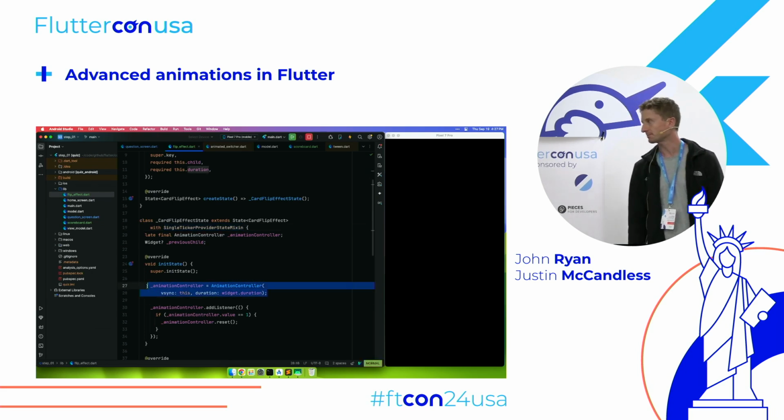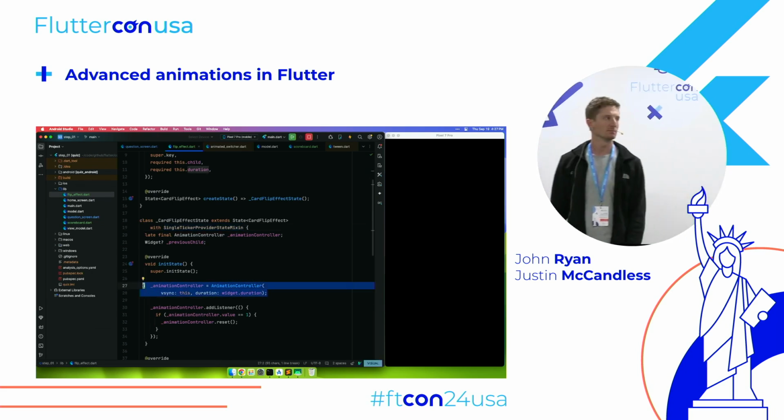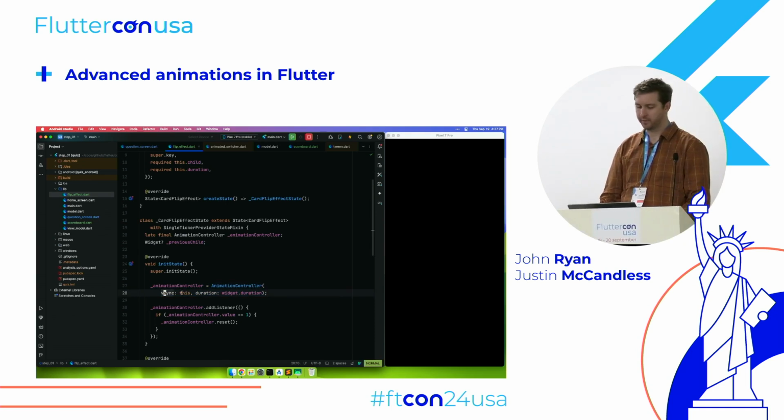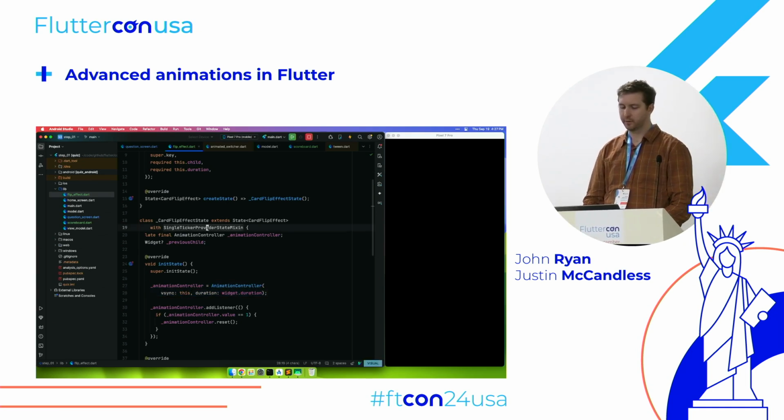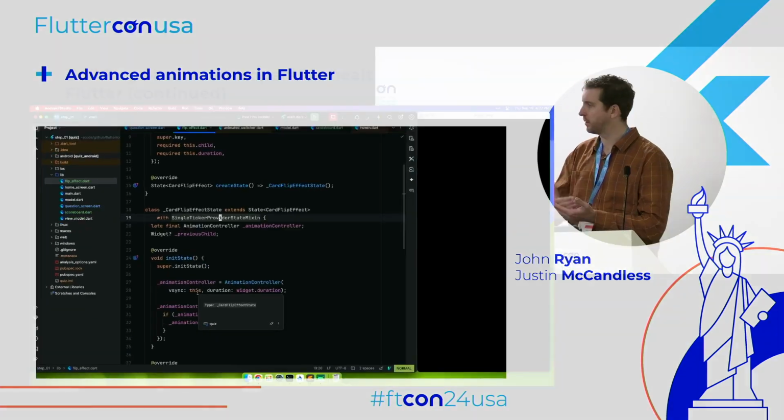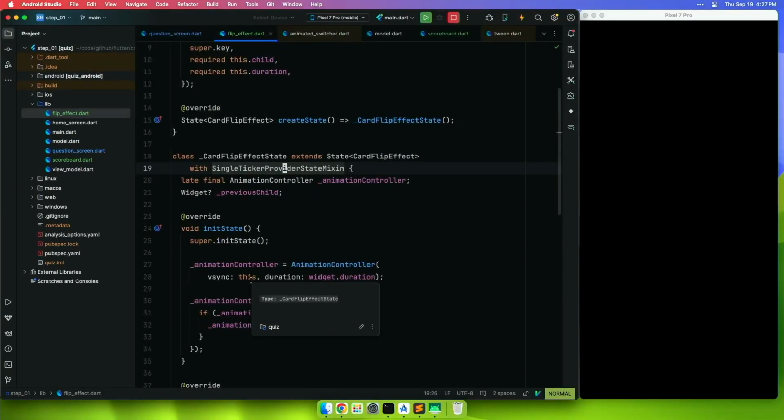Yeah, so when we're passing this to the vsync parameter of our animation controller, we're saying this single ticker provider state mixin class is going to provide these frame updates to our animation controller. So our animation controller is doing the right thing here.